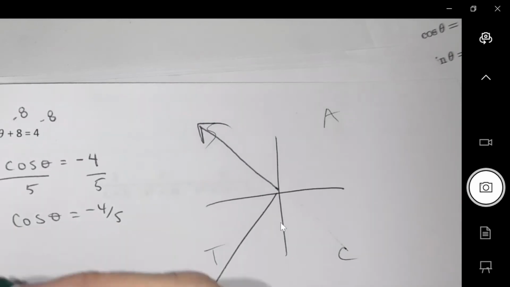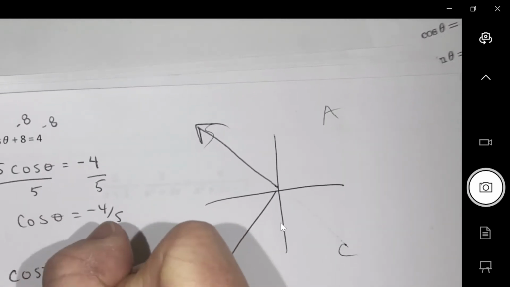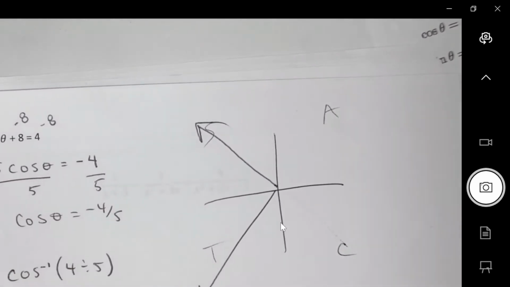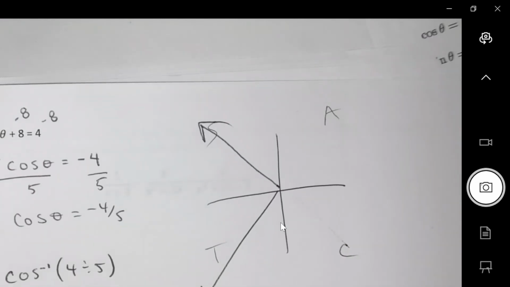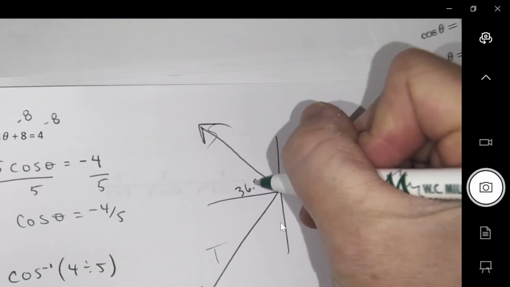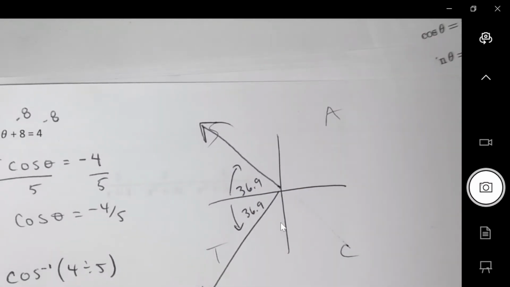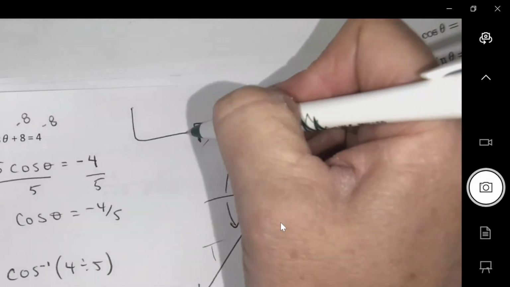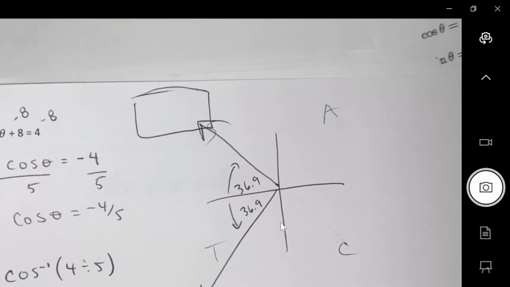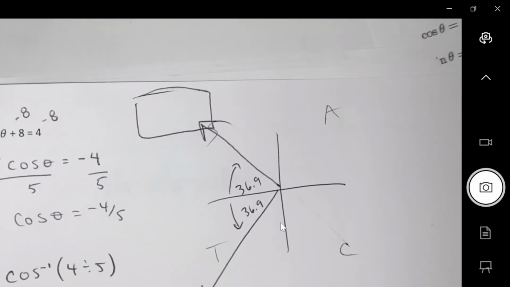Step 2, get me some kind of angle to start with. Okay, do not put the negatives in because I already did the negatives in my drawing. And then the final step is figuring out where exactly you are.